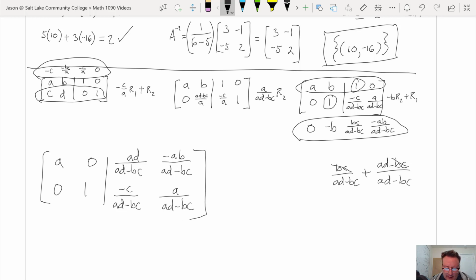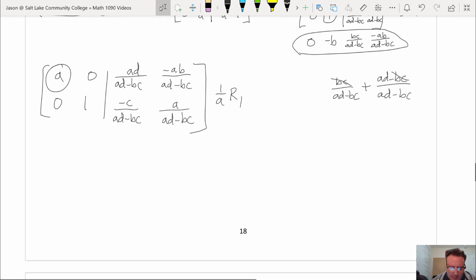Okay, last row operation, and we'll be done. I need to make this A into a 1. To do that, I multiply row 1 by 1 over A.